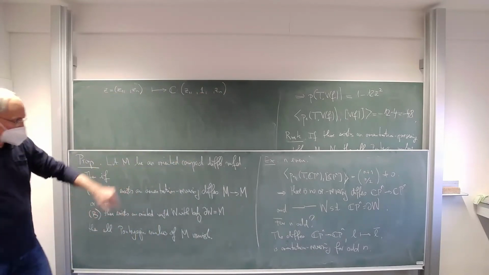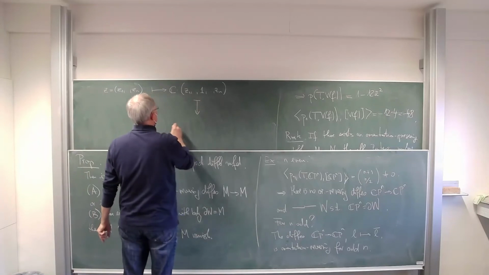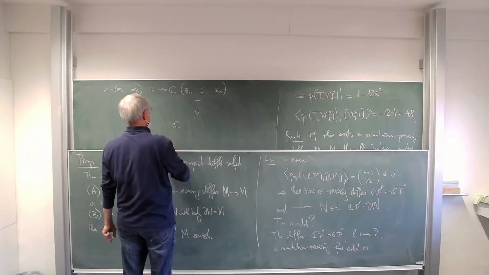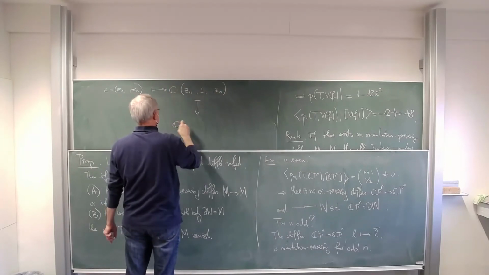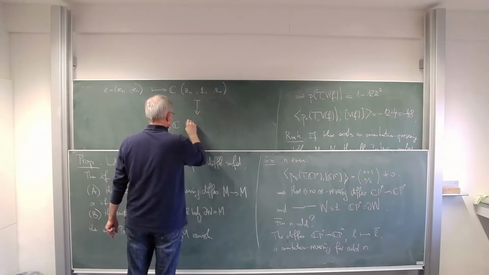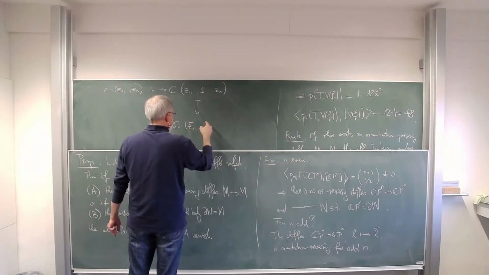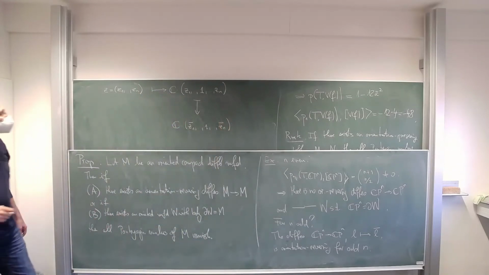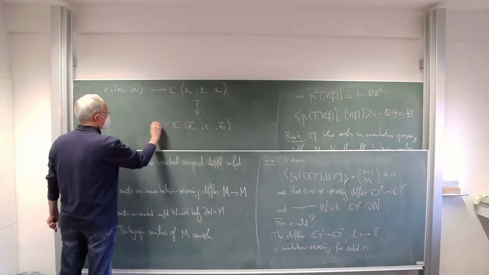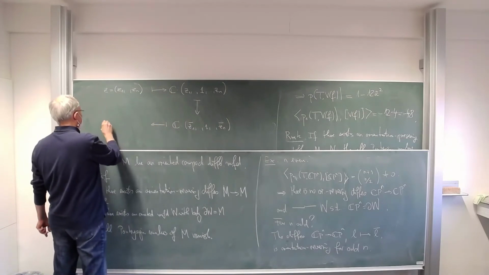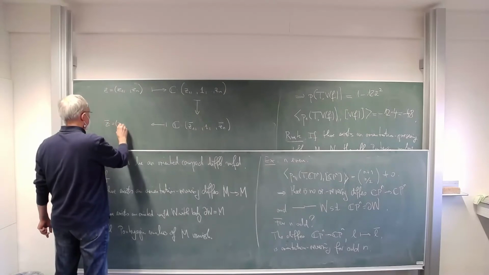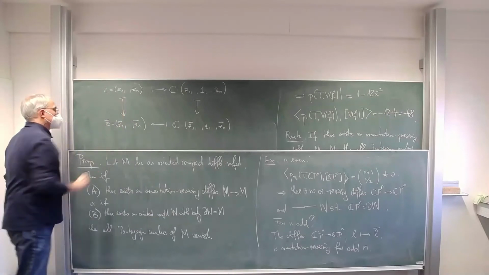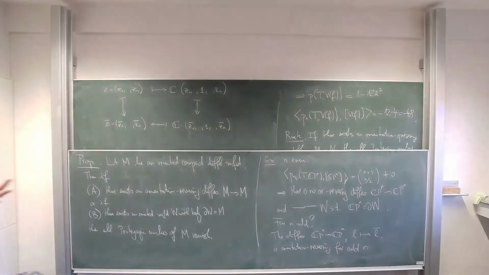And now I apply this map, and I have to conjugate. So some constant times this vector. If I conjugate it, I get some conjugate constant times the conjugate vector. 1 conjugate is equal to 1, of course. I get this one. And in my chart, this corresponds to the vector z conjugate, right? So in other words, in my chart, I just have conjugation.